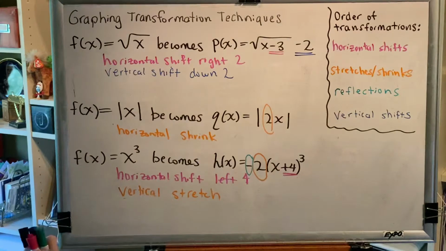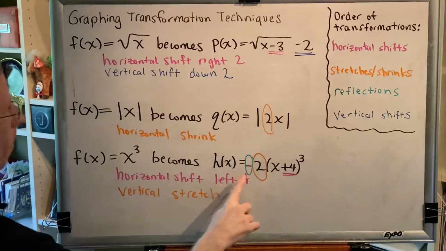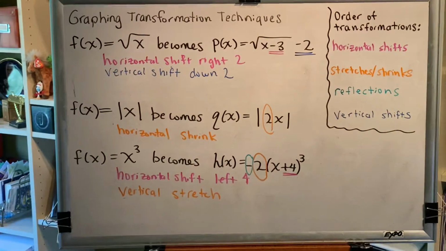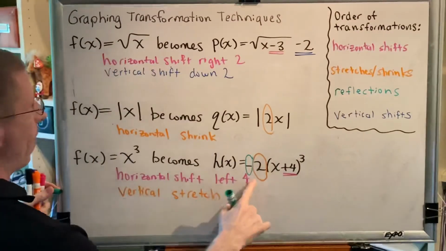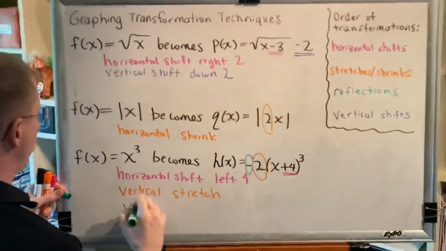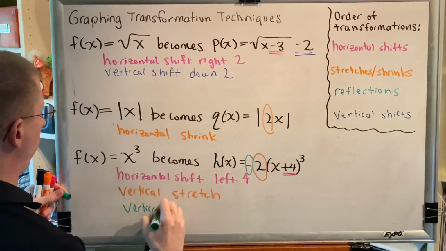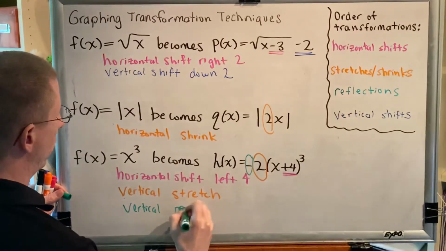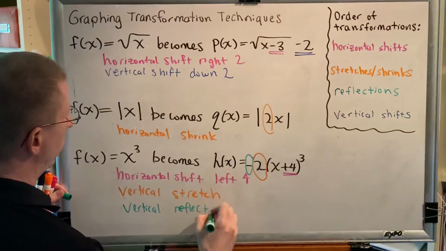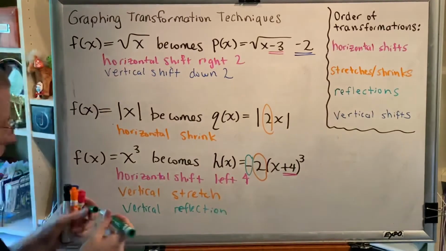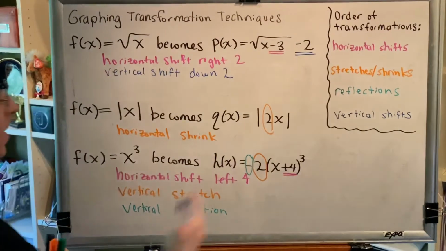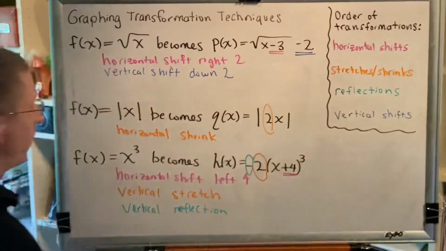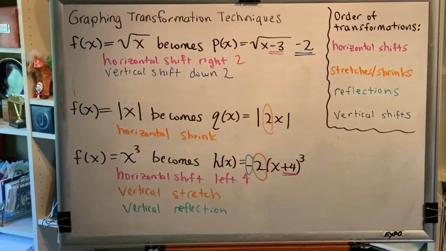Okay, next we deal with the minus here. That minus is indicative of a reflection, and the minus is outside far from x, so that makes it a vertical reflection. And then finally, we look for vertical shifts, which would be adding or subtracting outside far from x. We don't have any, and so we are done with this part of the problem.